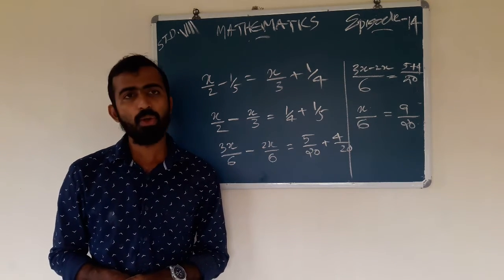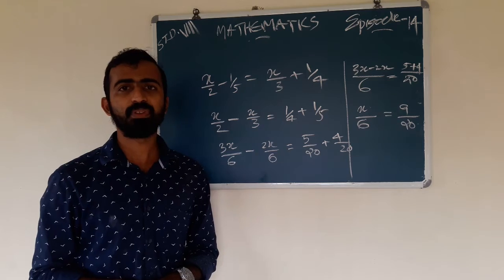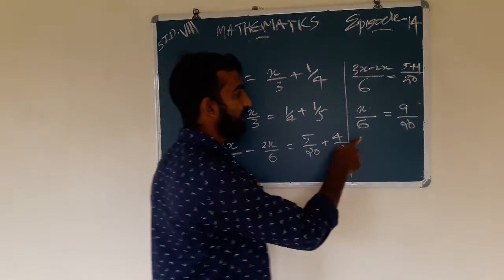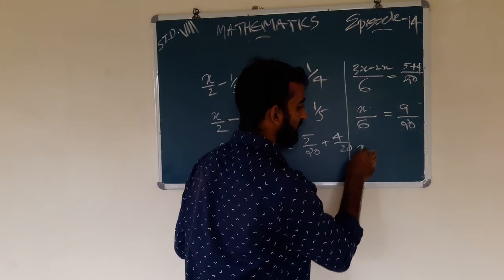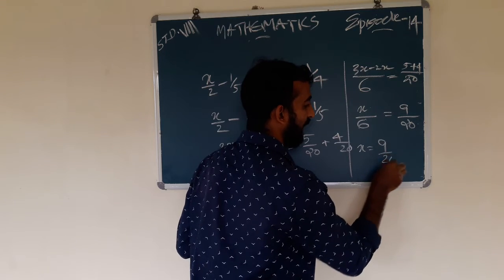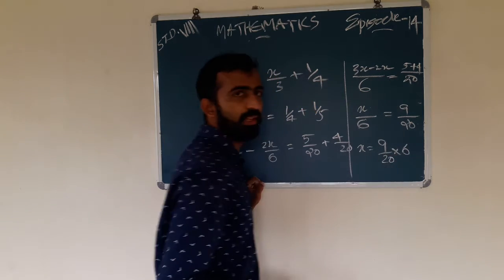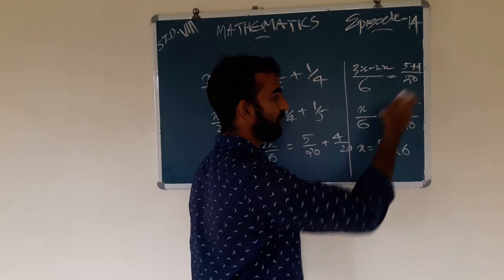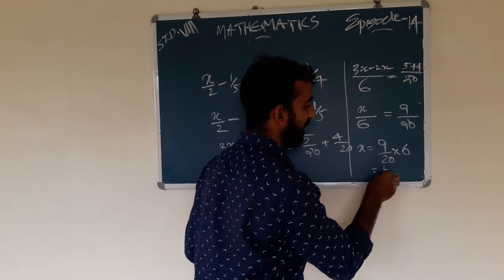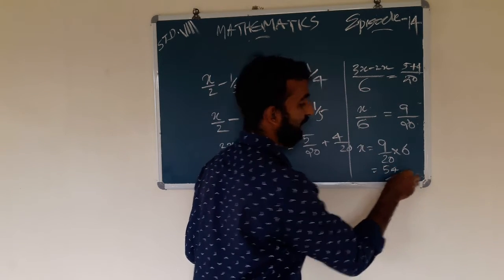And what will be next? We want to find x. So x equal to 9 by 20 into 6. Here the division is going to the right side, that is, we get 54 by 20.